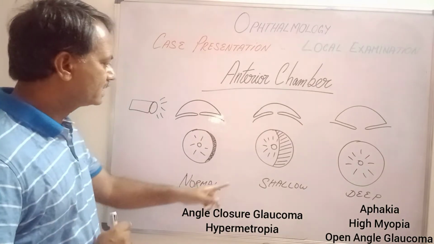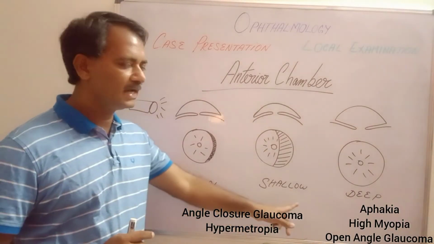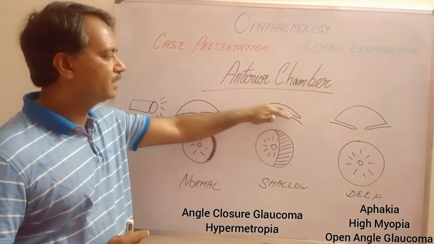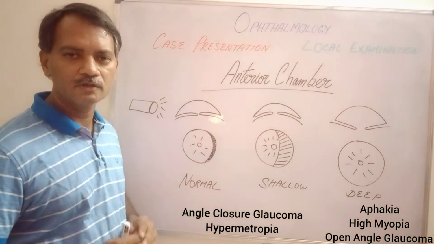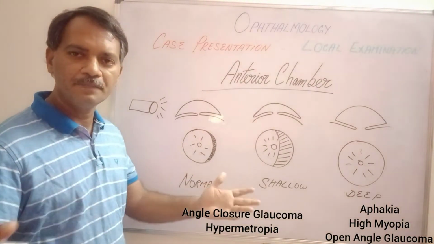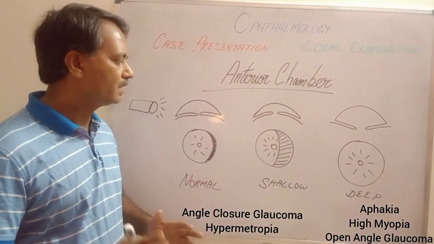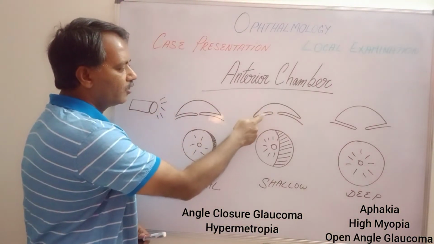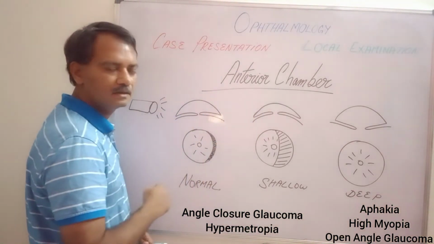Now let us see what is a shallow anterior chamber. When the iris is very close to the cornea, the iris falls forwards due to some pathology. What happens is light shone from the temporal side will fall on the iris on the temporal side.